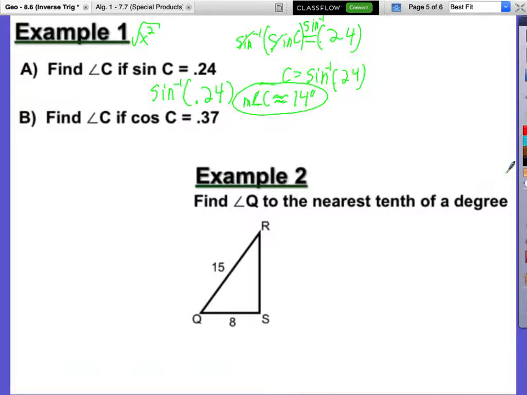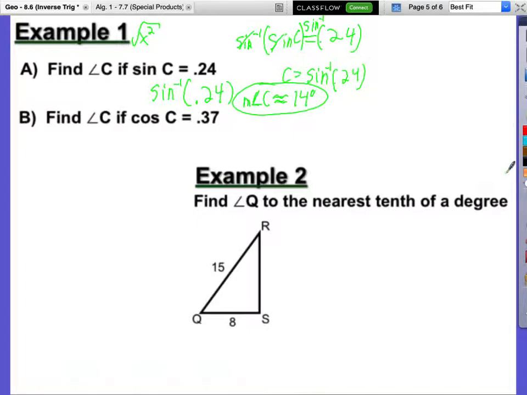I need a tissue. Use your sleeve. No, I'm not using my sleeve. I'm using a piece of paper. Here, buddy.